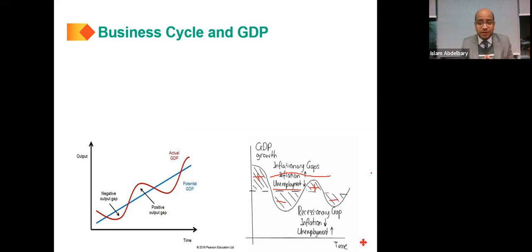And this is what happened in Egypt. At the end of the last century and the start of this century, the government targeted price control. So the cost of living was fixed, but unemployment at that time was high.